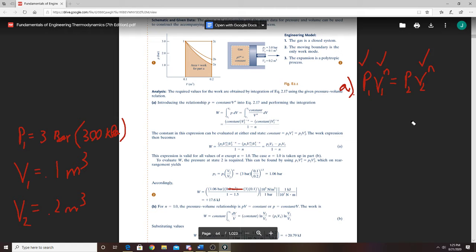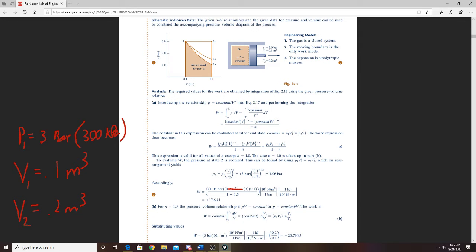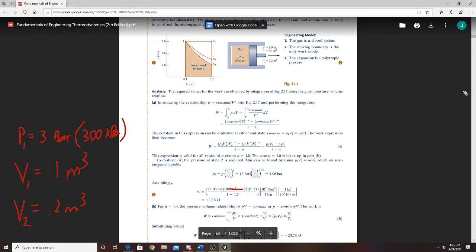The problem is that there are equations you can memorize, and that is one way to do it. For the first step, P is equal to constant over V, right? That is where we ended up here. So P1 is equal to C over V, when you manipulate that initial equation.